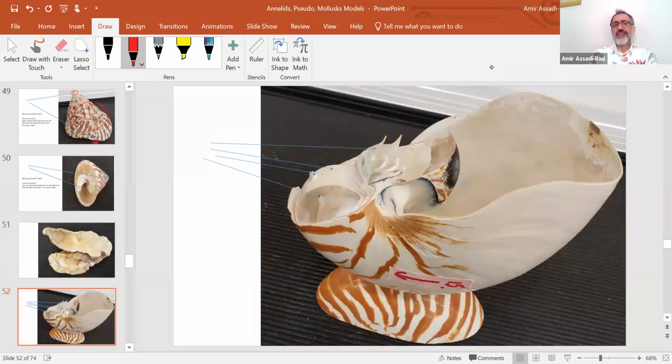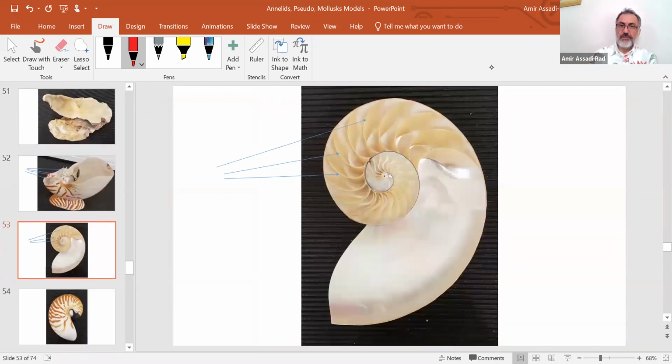This is the cephalopoda, class cephalopoda, and then this is nautilus. These are called septum, siphuncle. Okay. Again, septum and siphuncle. I cannot see siphuncles.